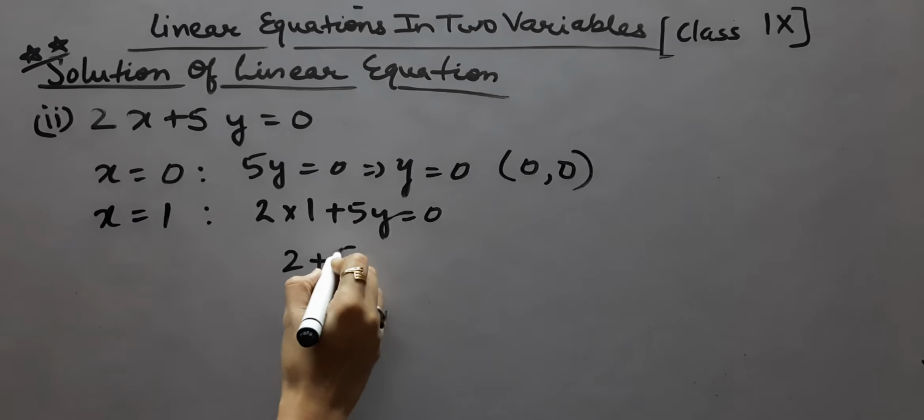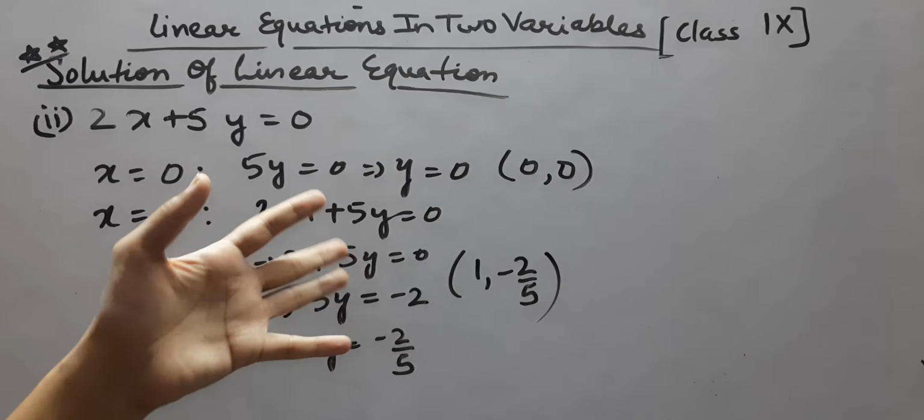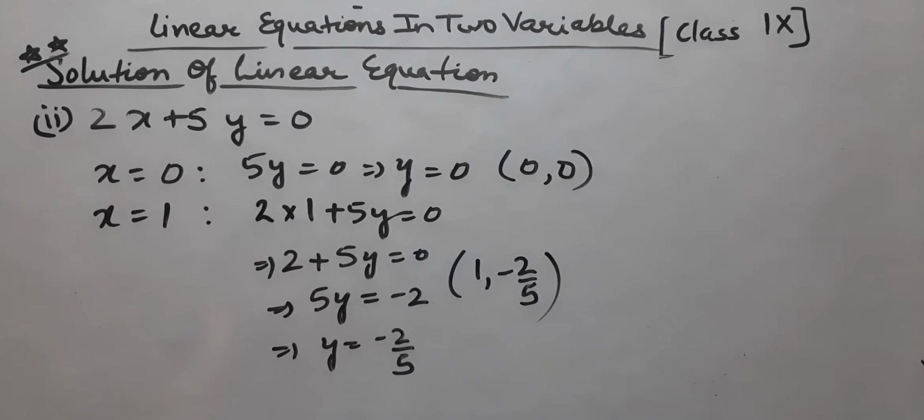Okay, so this is also one of the solutions. 1 comma minus 2 by 5 is also a solution for this equation. I can check: 2 multiplied by 1, plus 5 multiplied by minus 2 by 5, so I will get 0 only. So it can be an integer, it can be a fraction, it can be anything, whatever value you get.